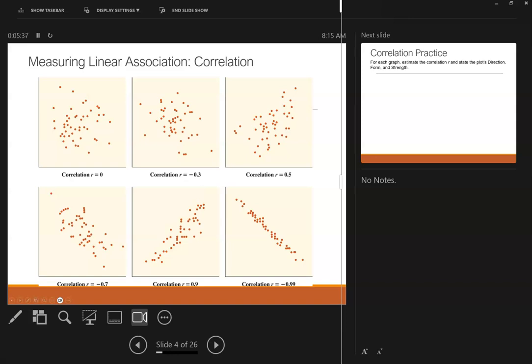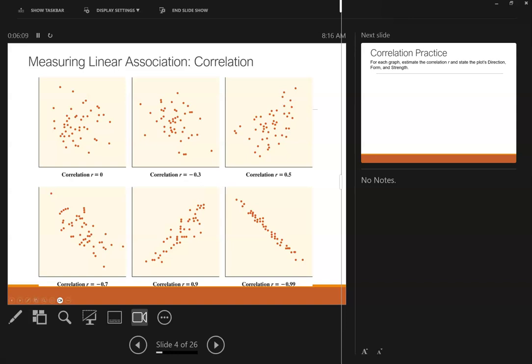This one, though, I think that everyone would look at this and be like, okay, that's a strong negative association there. So it can be quite challenging with just our eyes to determine what the correlative relationship is. So the computation here is really helpful because it eliminates the subjectivity of it.